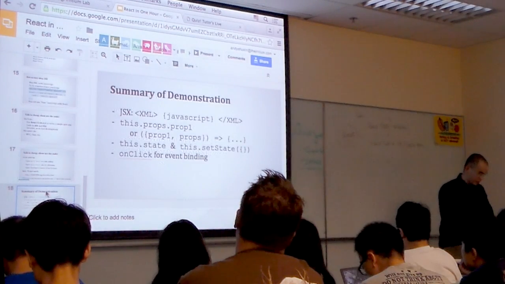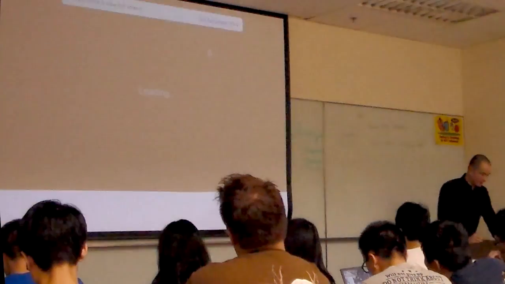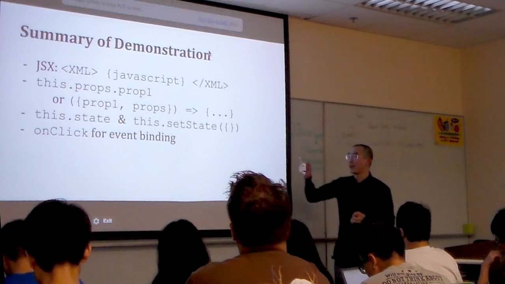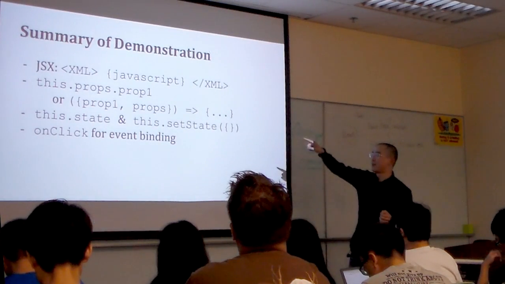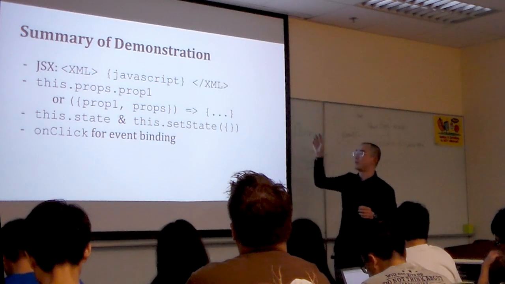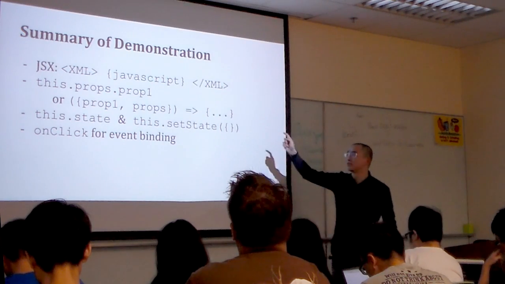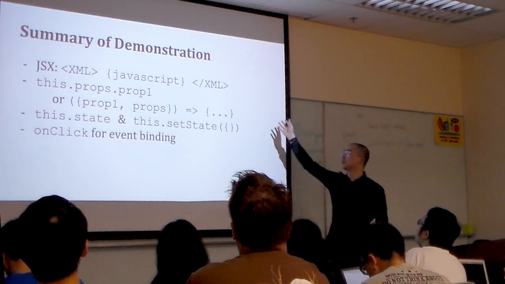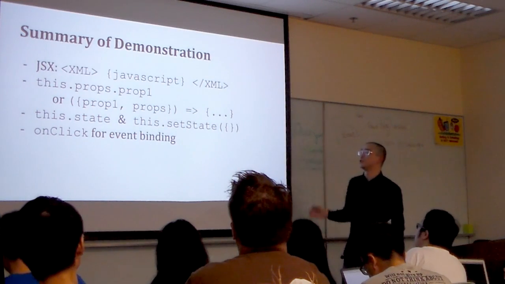Let me summarize the demonstration again. So basically, the syntax of React JSX, you mix XML with JavaScript, and the bridge is the two little brackets. When you use that, you are in JavaScript mode. When you don't, you're outside, in XML mode.